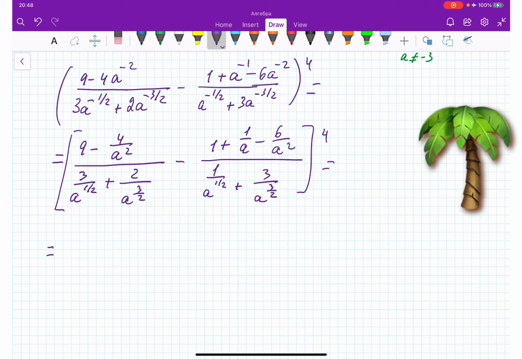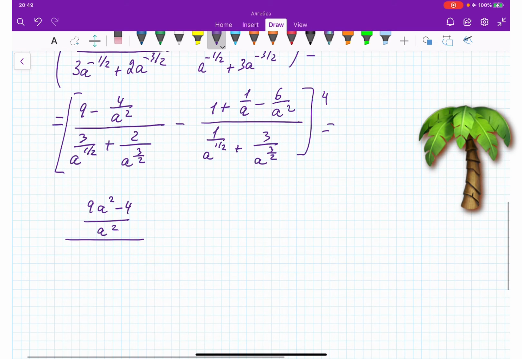Next, let's see, the numerator I'm bringing to common denominator, so I'm solving this piece. We have a squared, which means 9 also I have to multiply and divide by a squared, and I will get 9a squared minus 4.